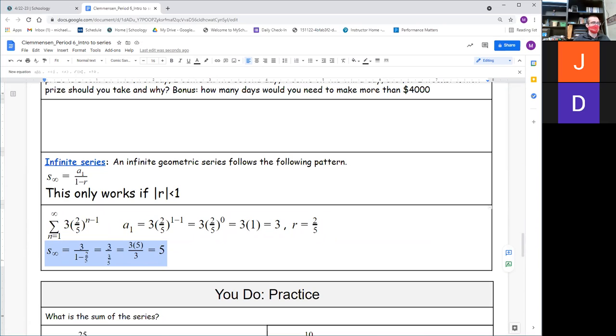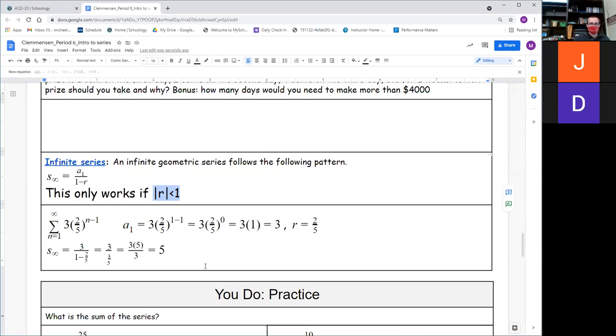But I want to repeat to everybody, these infinite series only work if the absolute value of r is less than 1. All right. If not, they go off towards infinity or negative infinity, depending on the function. And they go up or down forever. So we always have to check if something is less than 1.